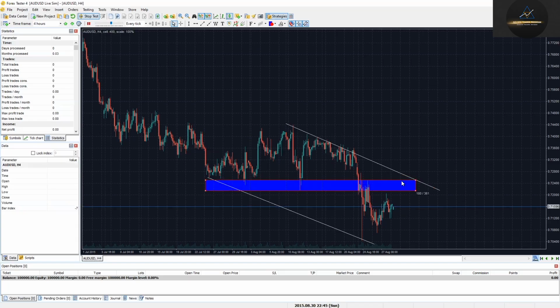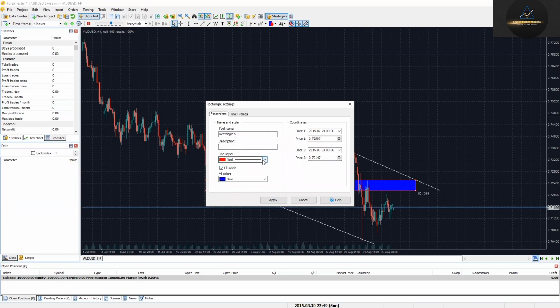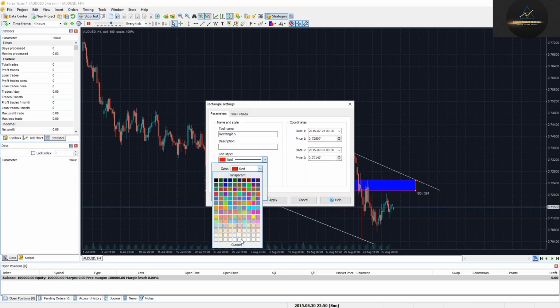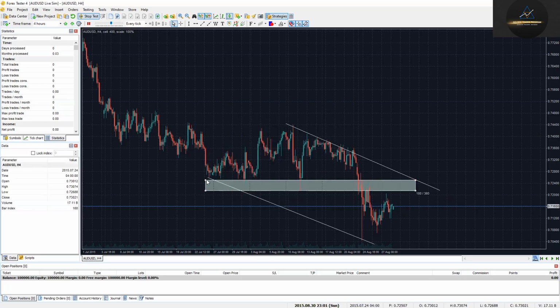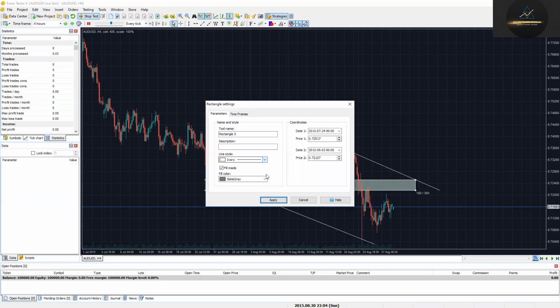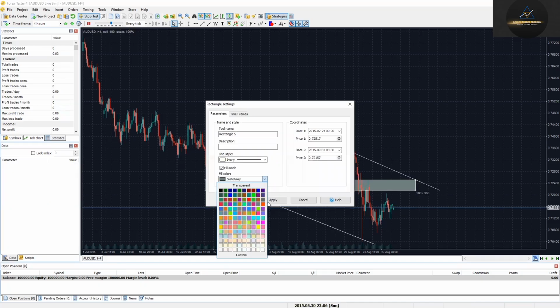Oh, the color is horrendous. Let's change these colors. The fill color, let's go for gray. Okay, I guess we can deal with that. Any lighter grays?